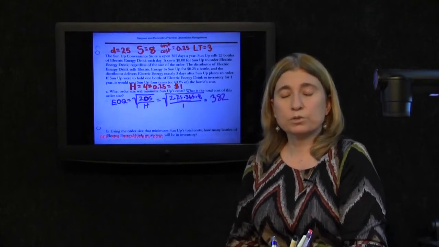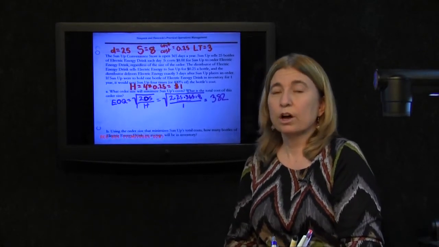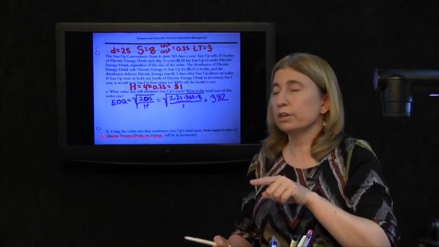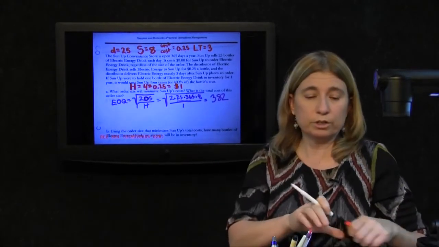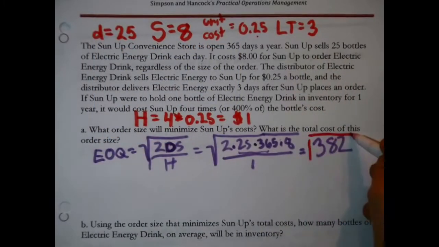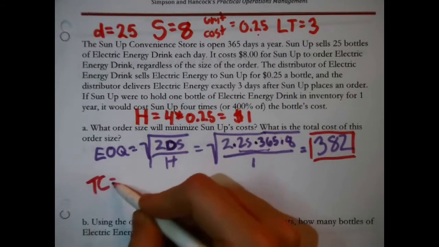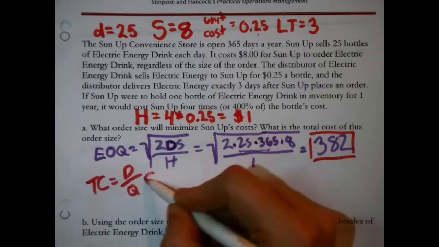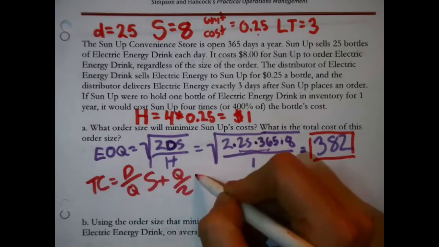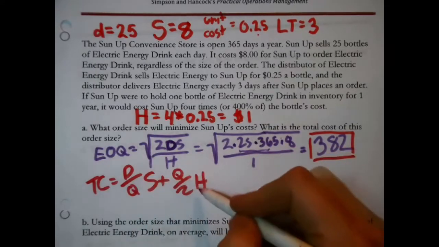It also asks what's the total cost of this policy. Oh, all right, now Q equals 382. That's what we just decided. We're keeping that. Now it's time to calculate the total cost of that policy. That is D divided by Q times S plus Q divided by 2 times H. Now we just fill this in again.